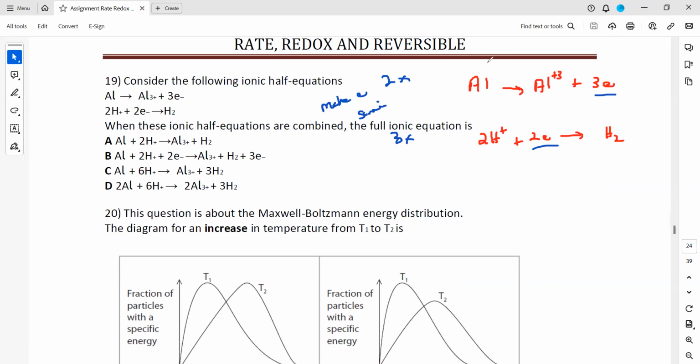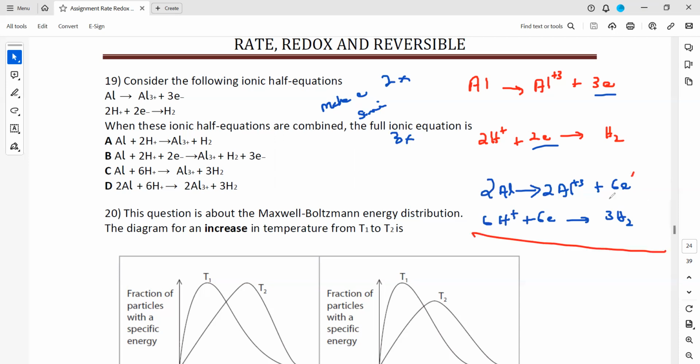When we multiply the first equation by 2, it becomes 2Al gives 2 aluminium ions plus 6 electrons. The second equation we multiplied by 3, so it becomes 6 hydrogen ions plus 6 electrons gives 3 hydrogen molecules. Now when we add these two equations, electrons cancel with electrons. What is before the arrow is the reactants.